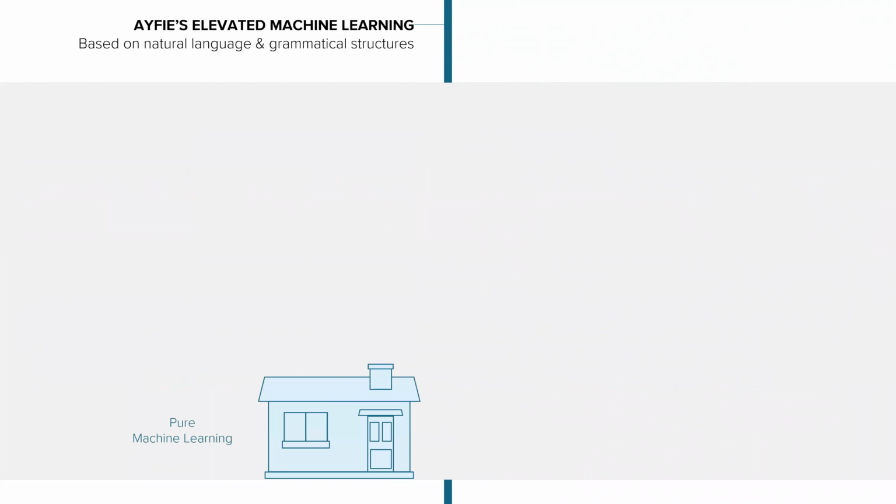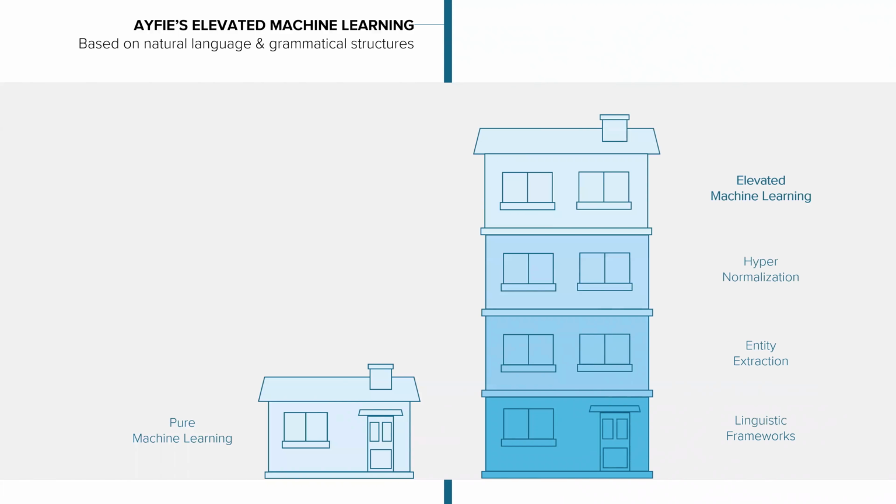So another way to take a look at this is we do machine learning, but we build up several stages using natural language processing, and that gets us to what we've started calling an elevated machine learning. So it's all based on language and grammatical structures. We first mine each sentence and phrase for the linguistics. We do the entity extraction. We normalize all of those entities.